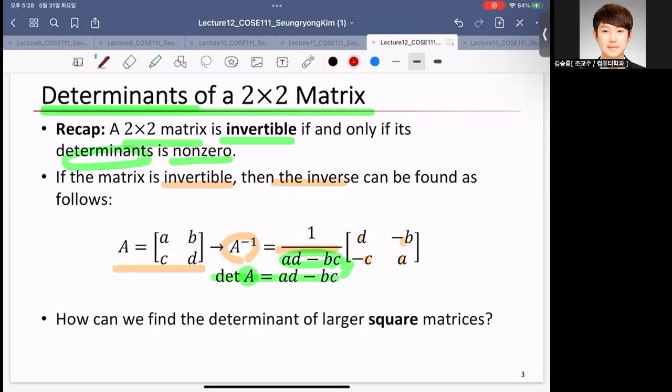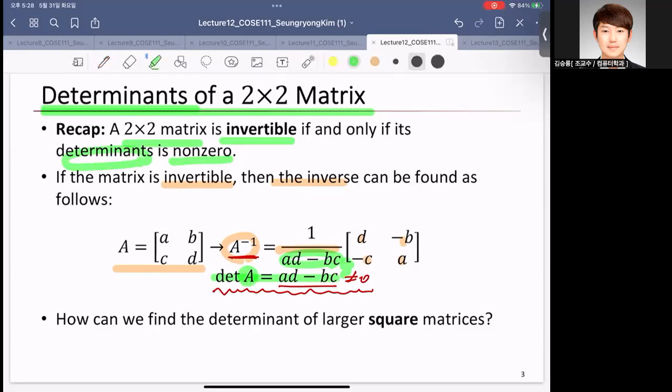To make the inverse of the matrix exist, this one should not be zero. So this was the concept of the determinant. In other words, if determinant of matrix A is zero, original matrix A is not invertible. This is the concept of the determinant.